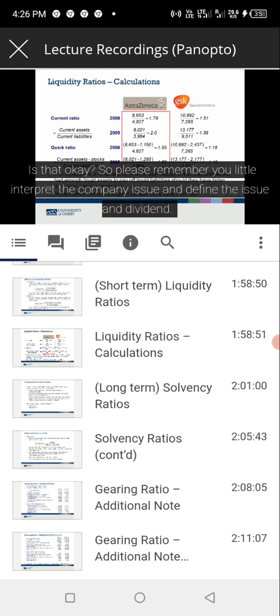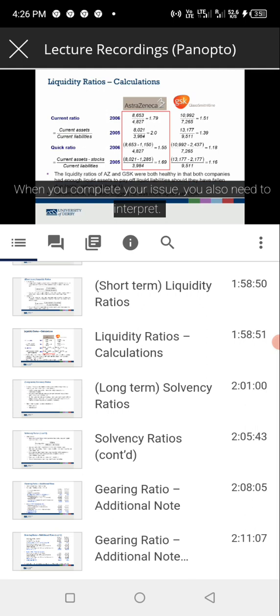So please, remember, you need to interpret the calculated ratio. Don't just define the ratio and leave it there. When you calculate your ratio, you also need to tell us what it means. So for this one, we have GSK and AZ. I would say AZ performed better than GSK.